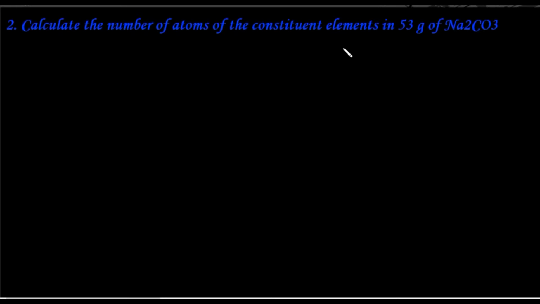So in this problem, we have to calculate the number of atoms of the constituent elements in 53 gram of sodium carbonate. So first of all, we need to calculate the gram formula mass of this compound.